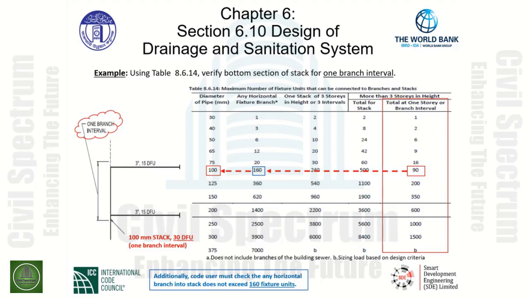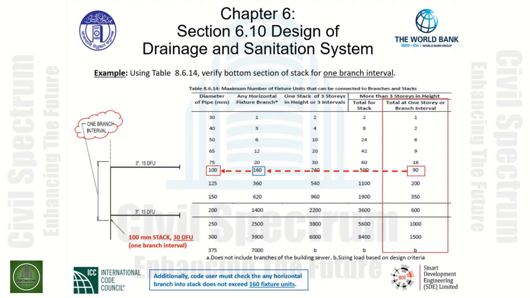From that point, we go to the table, the very last column. We move downward until we hit 30 drainage fixture units or the next value greater. As can be seen here, we cannot use 16. We must go to 90. 90 drainage fixture units, and we move to the left-hand side. We come to any horizontal fixture branch.